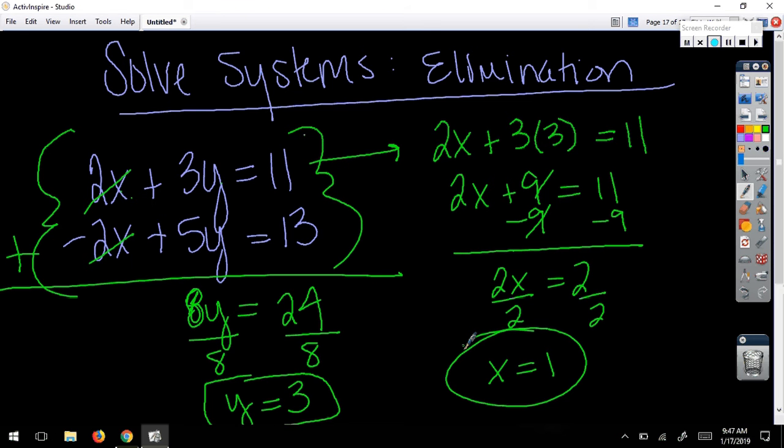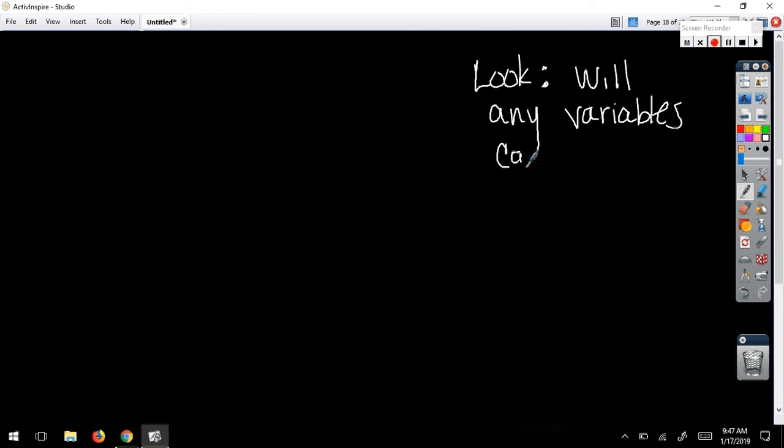All right, here's what you need to do. The first thing you need to do is look to see: will any variables cancel out if you were to add or subtract?